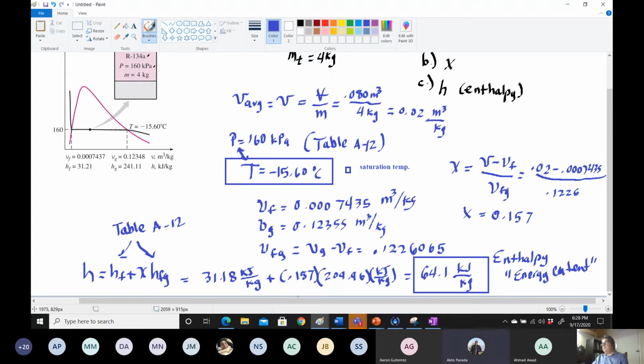No, we'll describe it more. Actually, no, I take that back. It's the thermal energy content plus the pressure. In other words, if it started off at a zero energy content, you would have to heat it up. You'd have to put in 64.1 kilojoules per kilogram to reach the state. That's kind of what it's saying. Heat or work.